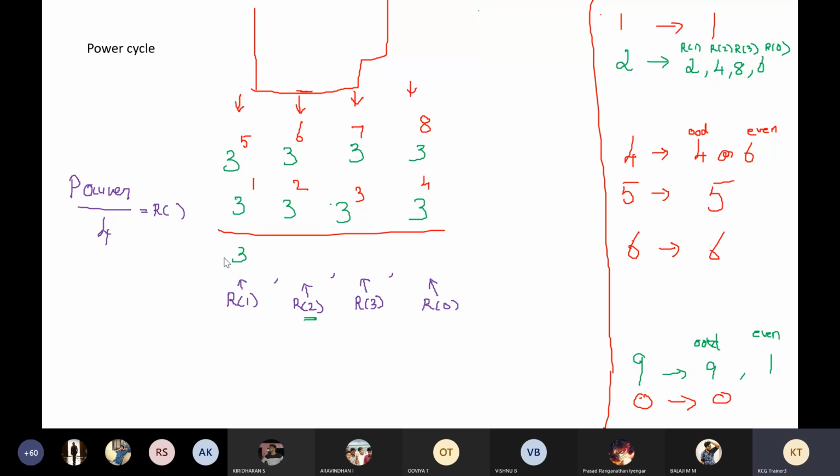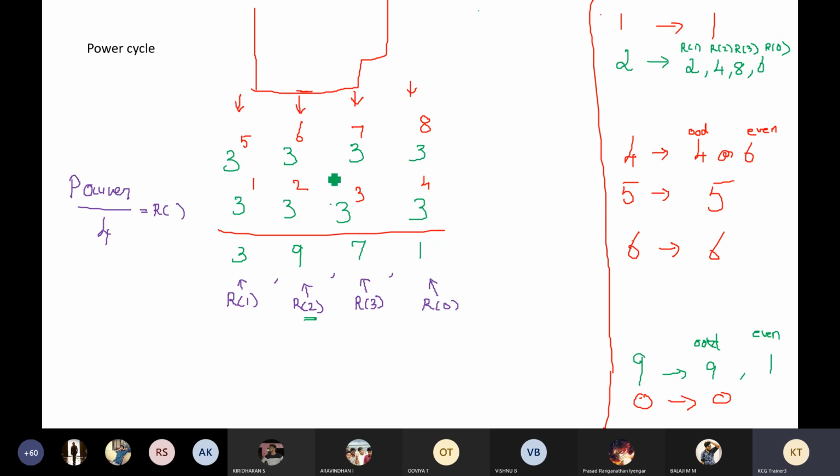Very good, guys. Most of you have given me the correct answer. 3 square is 9. 3 cube is 27, so 7. 3 power 4 is 81, so 1. Again 243. It continues.